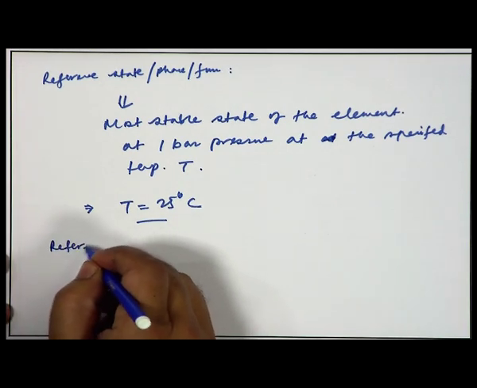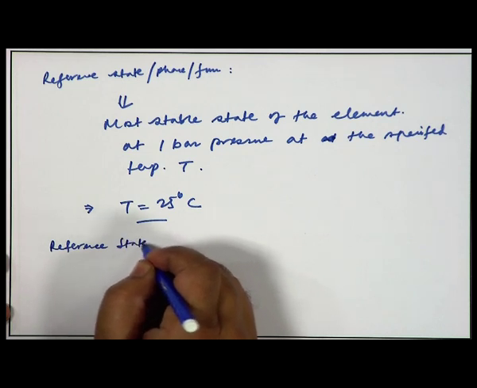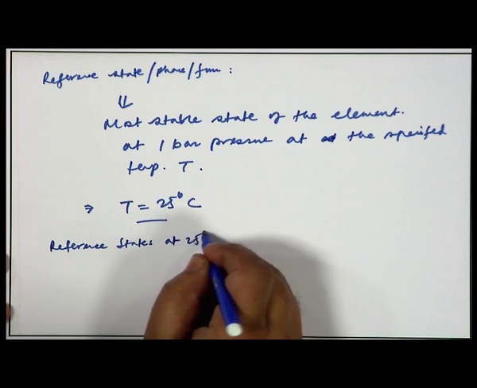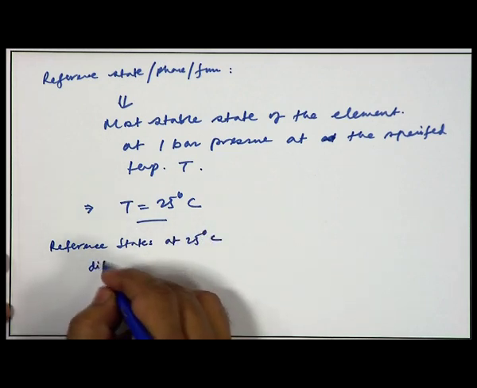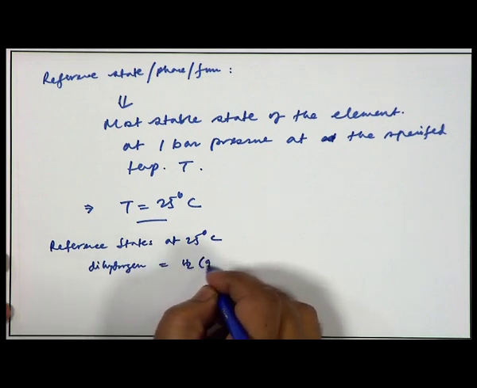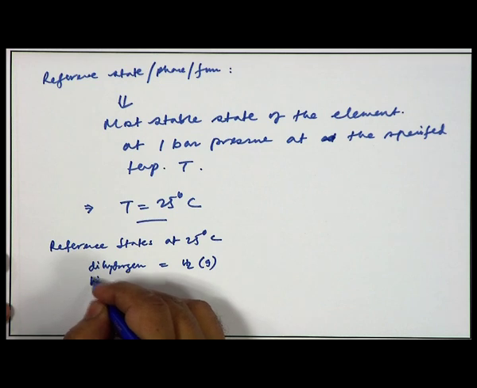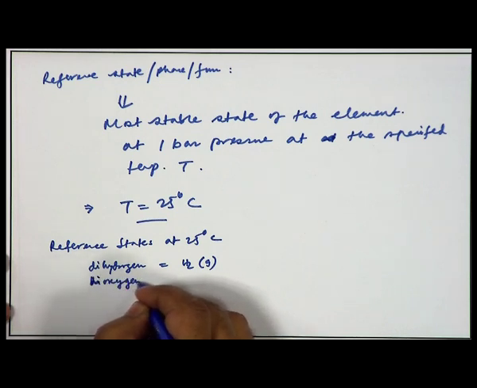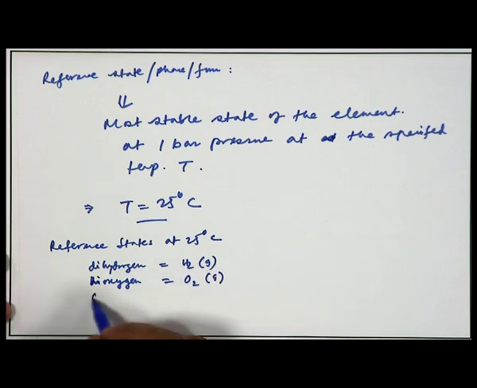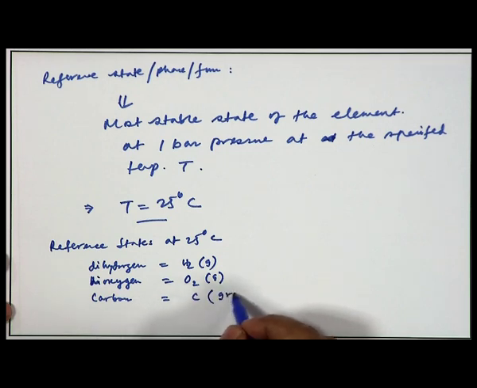Reference states for some common substances at 25 degree centigrade: dihydrogen is hydrogen gas, similarly dioxygen is oxygen gas, carbon is carbon in graphite form at 25 degree centigrade and 1 bar pressure.